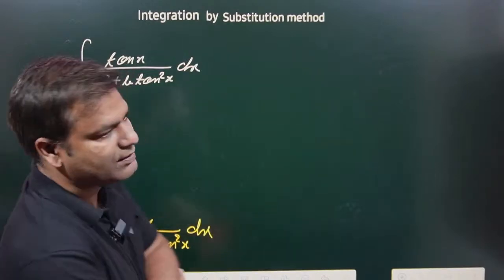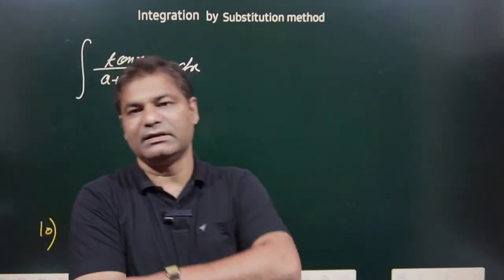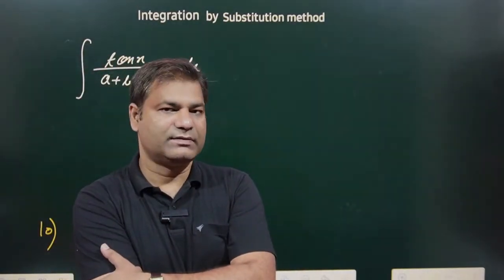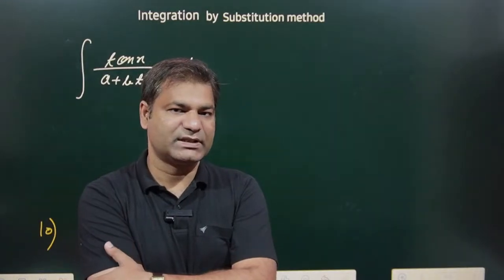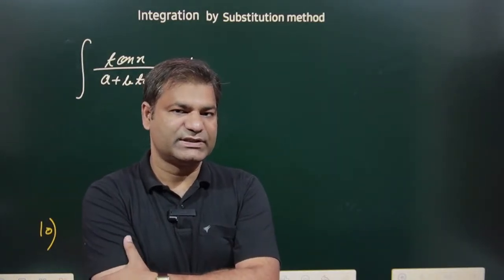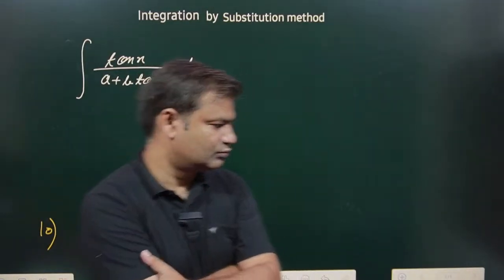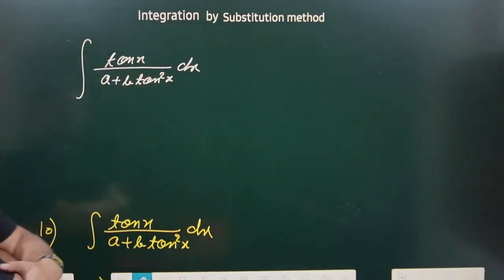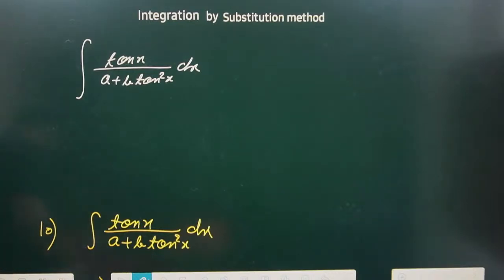Simply, if tan x is taken as t, then the differentiation of tan x is basically sec square x. But is sec square available? No, sec square x is not available. I think the question is either right or wrong. Wait, I will check again. That is question number, wait, question number 10.